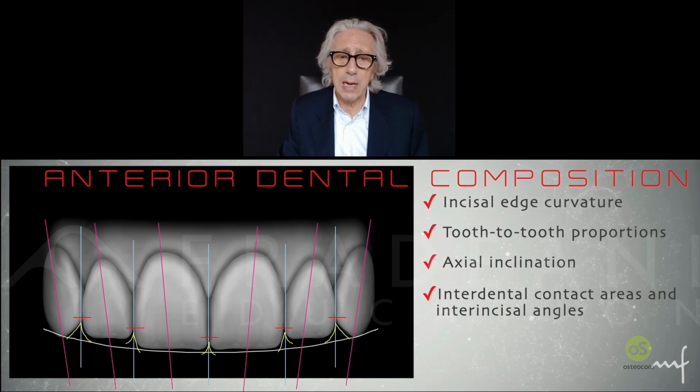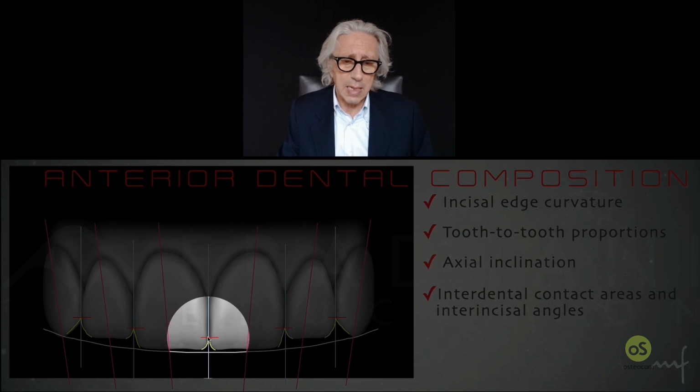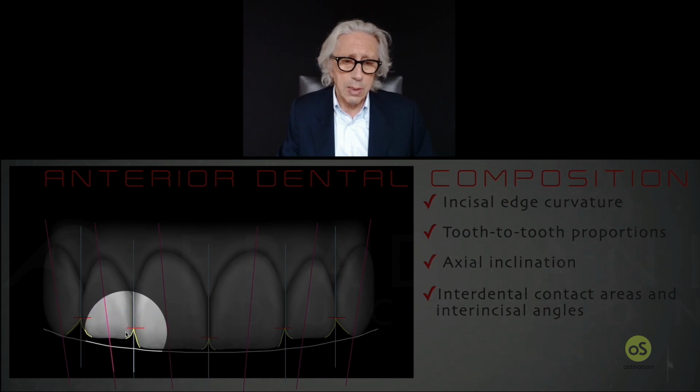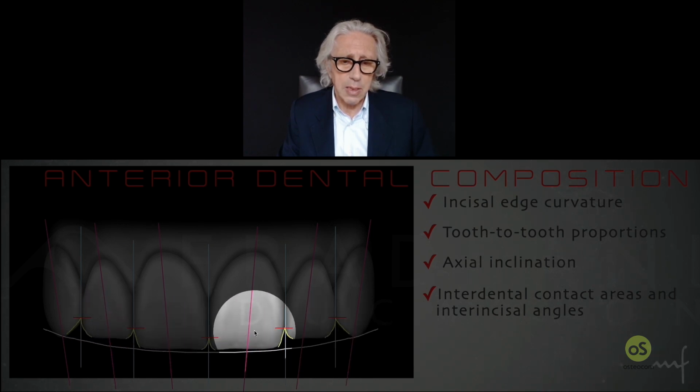As you can see, they form a kind of curve parallel to the incisal edge curvature, at the same time forming interincisal angles that are wider and wider the more you go from central incisor to cuspid. So the interincisal angle here is smaller than this and than this, which are wider. Right and left, identical. And if you join together all the red little steps here, they are parallel to the incisal edge position.